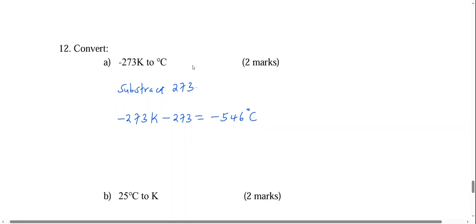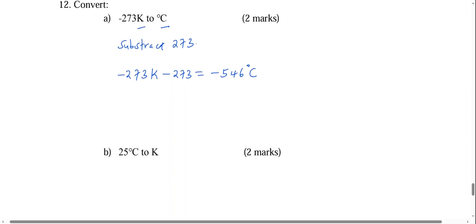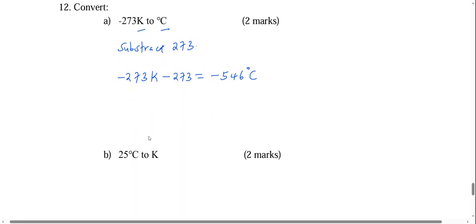Whenever you're converting a Kelvin scale to a degree Celsius, you subtract 273. And for case number 2 here, we have a degree Celsius scale to be converted to Kelvin scale. So for this second scenario, you add 273 to the degrees Celsius scale.